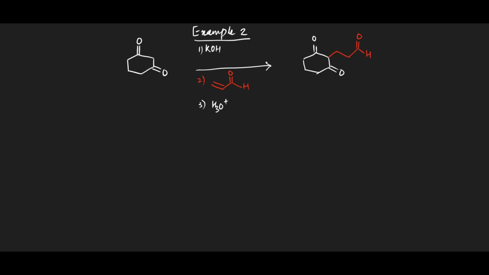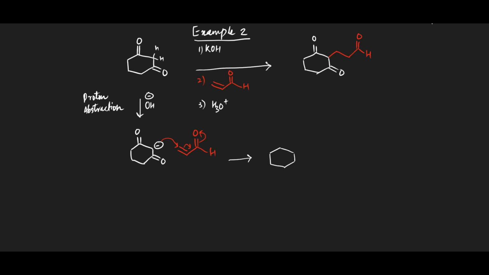In this second example, the starting diketone has an acidic proton which is removed upon treatment with hydroxide base to form a highly stabilized enolate ion, which then serves as a Michael donor in a 1,4 conjugate addition. The enolate ion attacks the Michael acceptor alpha-beta unsaturated aldehyde to form another enolate ion.